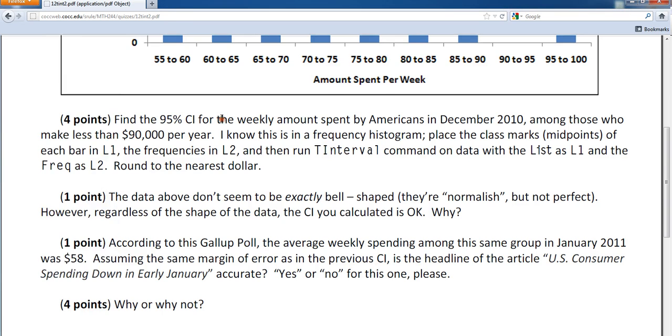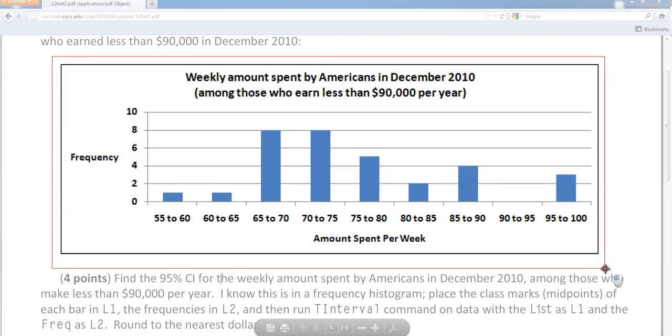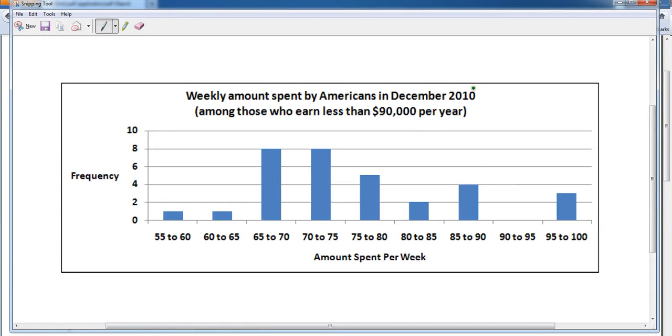Looking at it graphically, let me do this a little fancy here. If you were to place the confidence interval for December 2010 on this graph right here, we'll do it with red. We said it was 72 to 80, which is essentially right here. There's the confidence interval for the mean average expenditure of an American.